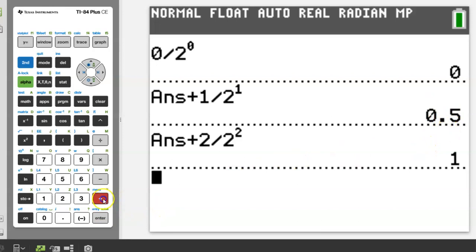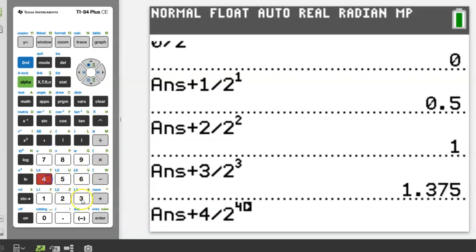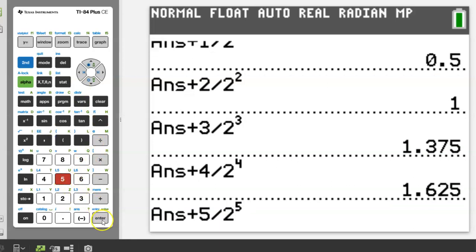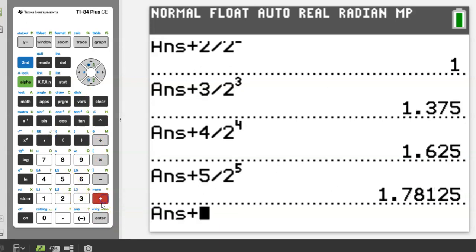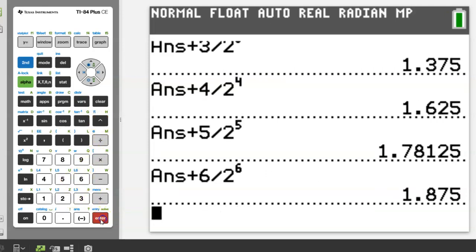So let's hit plus 3 over 2 to the 3, plus 4 over 2 to the 4, plus 5 over 2 to the 5, plus 6 over 2 to the 6.